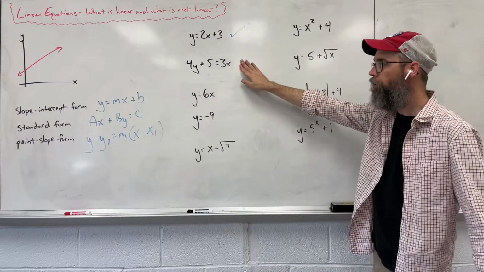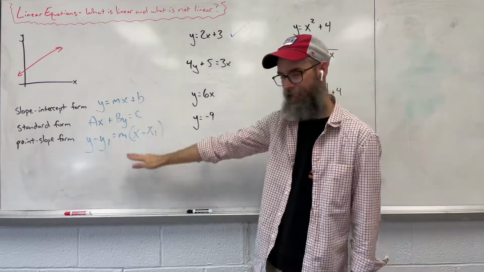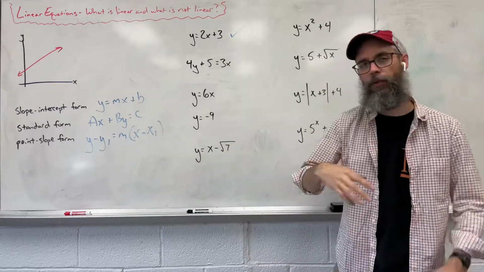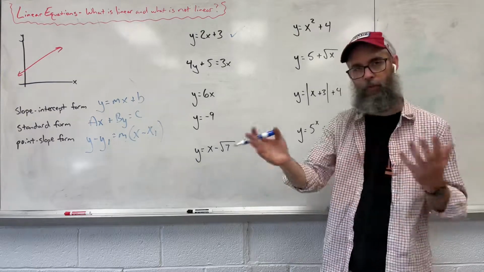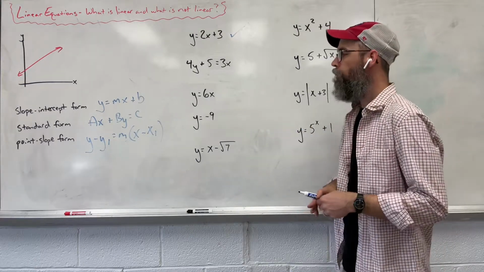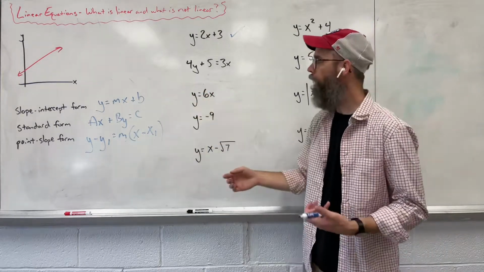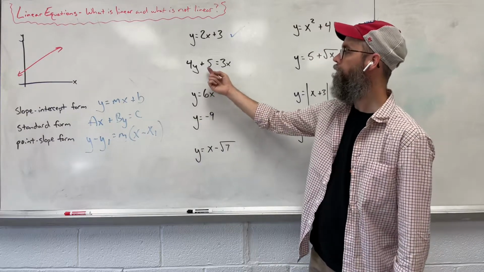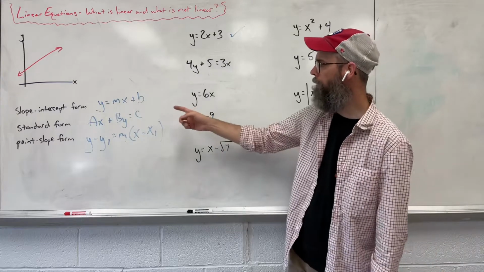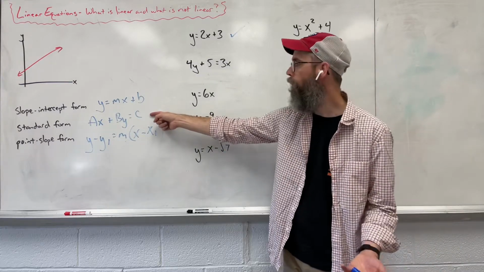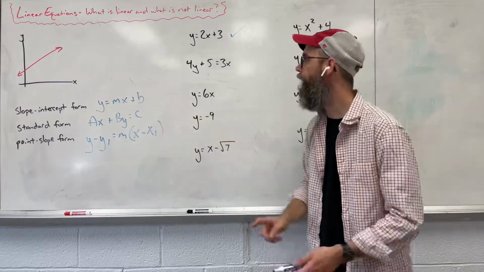Next one, okay, this doesn't look like anything that's given to me, but I can reorder it using my inverse operations to move things left and right. So I have to figure out which one I want to do. I could solve for y with subtraction and division, but I feel like it's a lot of work. Or I could make it look like standard form, getting x and y both on one side.